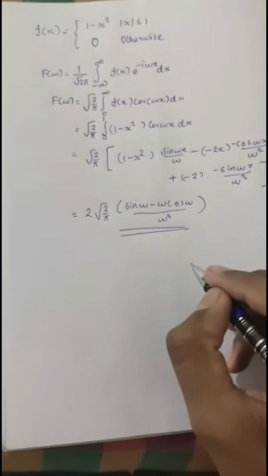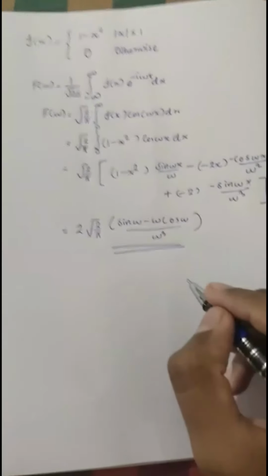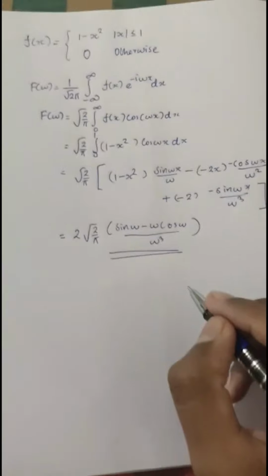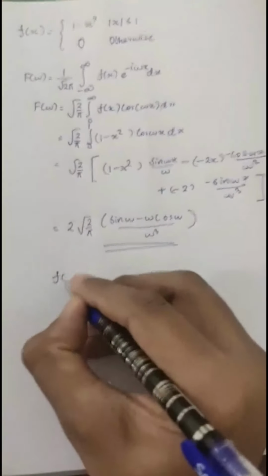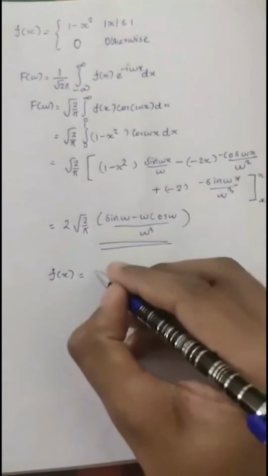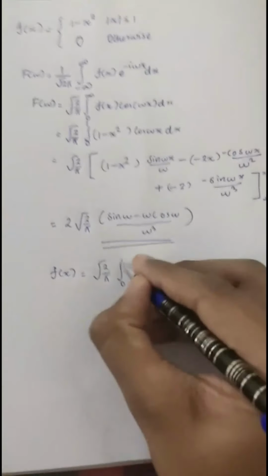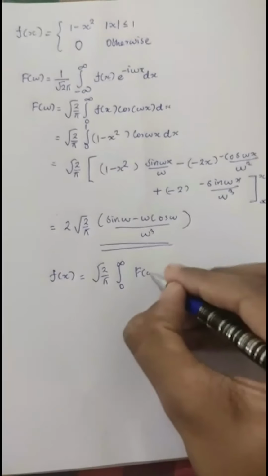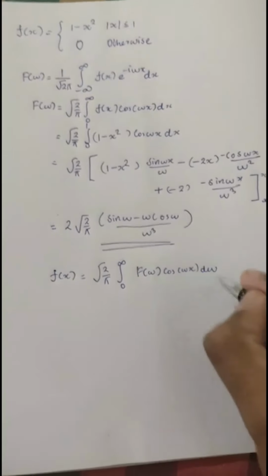So now we have to find the inverse Fourier transform. Since it is an even function, the inverse Fourier transform is equal to the inverse cosine transform. So f(x) = √(2/π) ∫ from 0 to ∞ of F(ω) cos ωx dω.